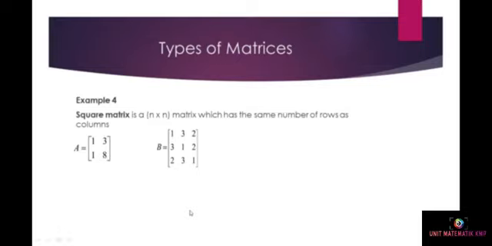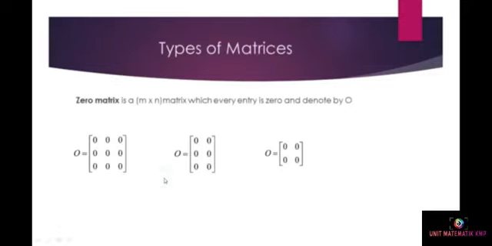Matrix A, 2 by 2, and B, 3 by 3. Zero matrix is an m by n matrix in which every entry is 0 and is denoted by 0.